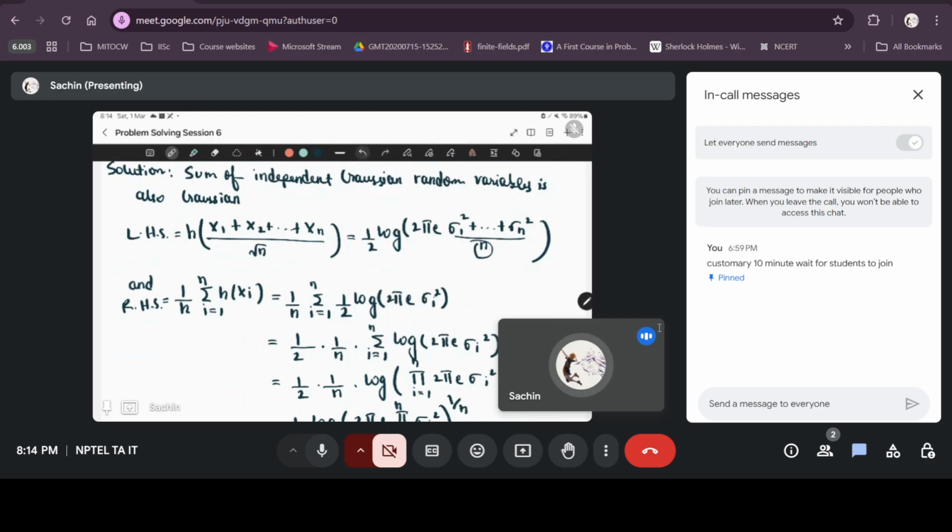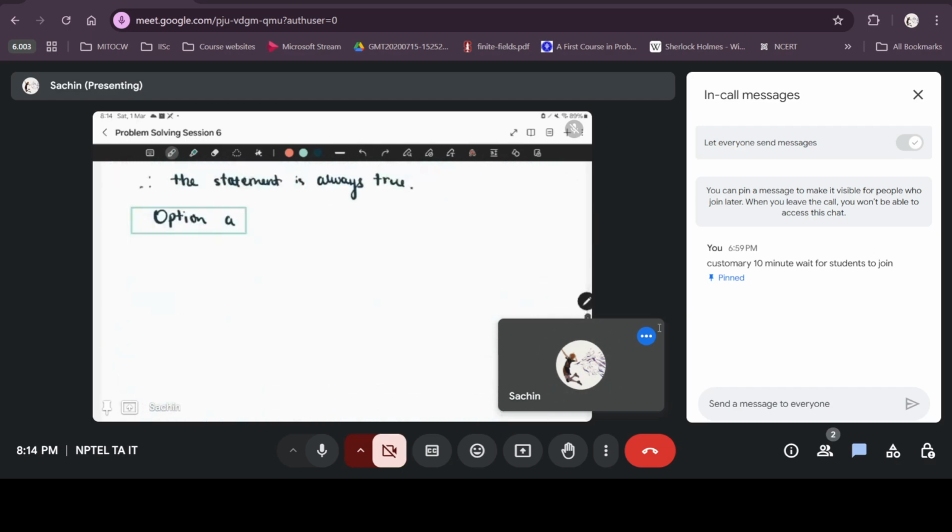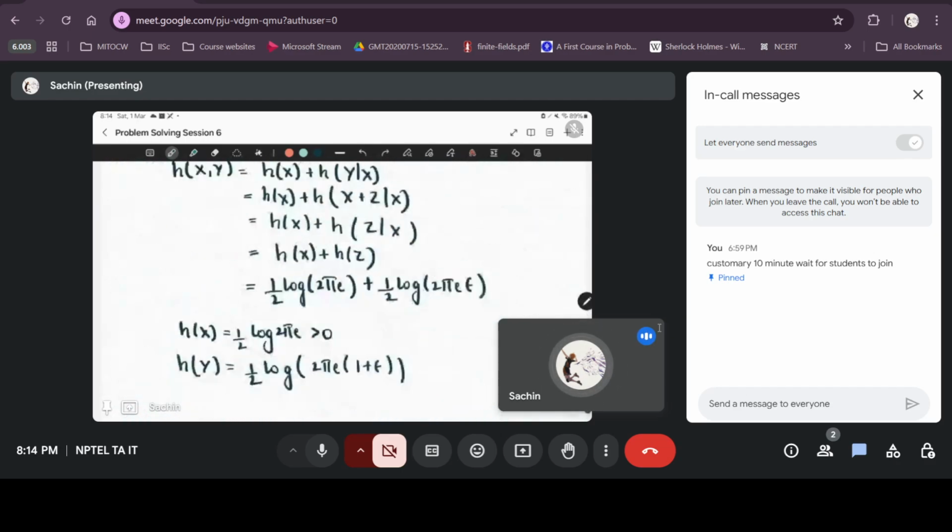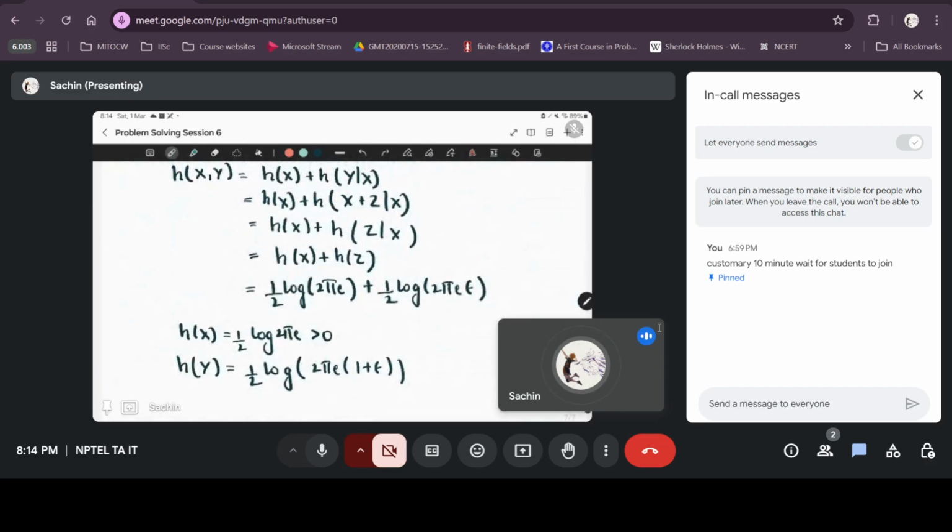If you don't have 1 over square root n, then we won't have 1 over n here. So h of x1 plus x2 is nothing but half log 2 pi e (sigma 1 square plus sigma 2 square). Sigma 1 square in this case is 1 and sigma 2 square is epsilon, so h of y is half log 2 pi e into 1 plus epsilon.